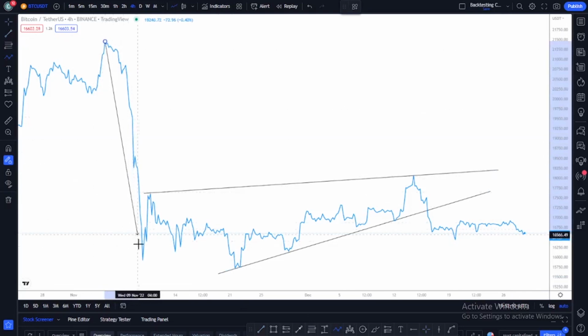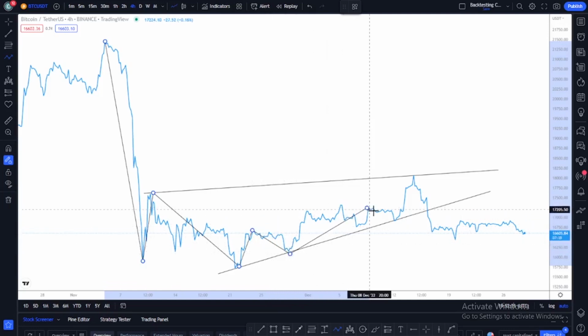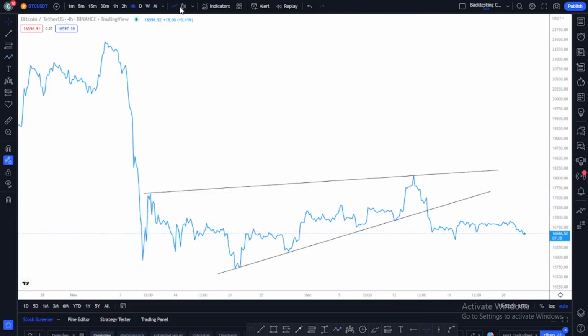This was the drop, came down, point A, point B, point C, touched the trend line again, point D, point E, before it finally broke the trend line and continued to the downside. Do you all get me?